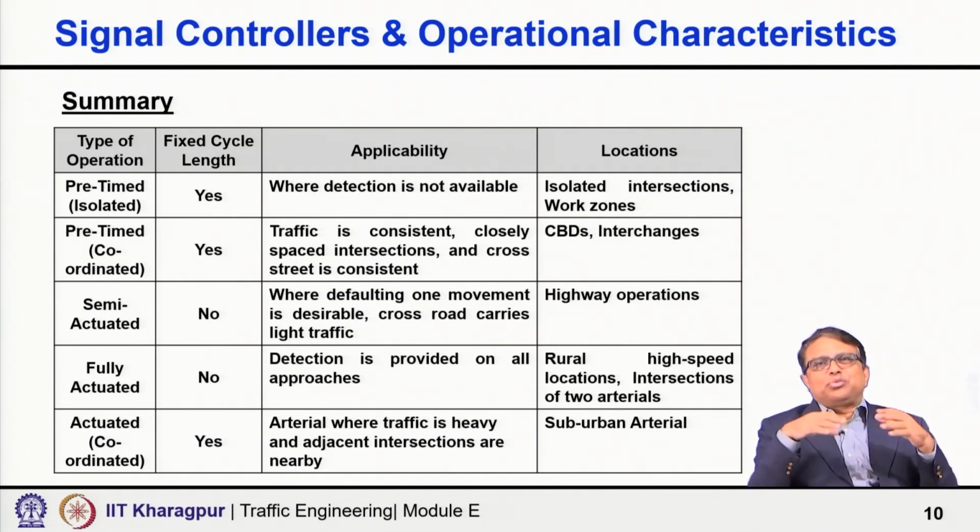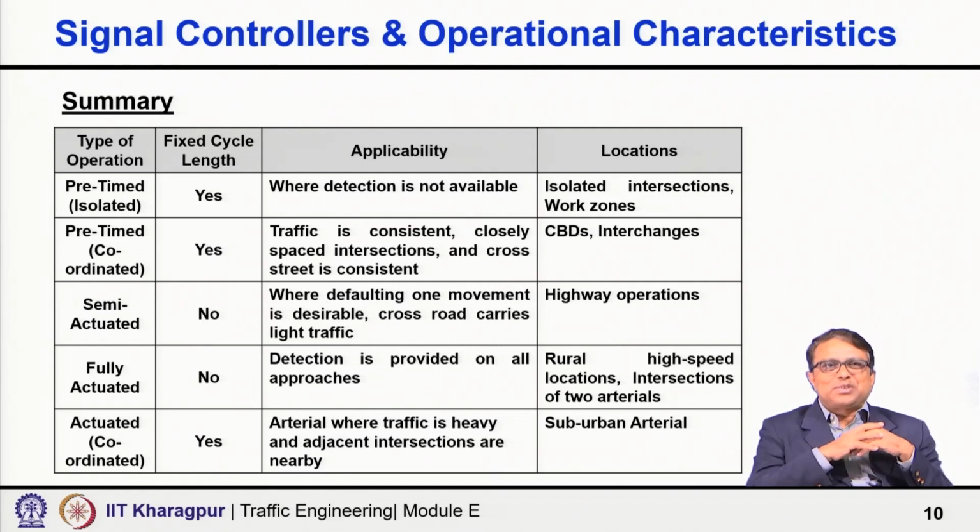Fully actuated, of course, everything is flexible, so in no way is the cycle length fixed. Coordinated actuated, again the cycle length is fixed, okay. And I have mentioned here what kind of operation is suitable, just an idea, not exclusive, but just an idea.